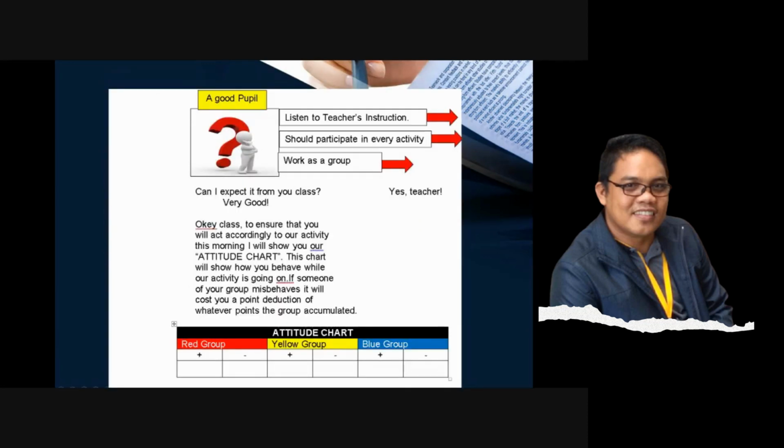So, this attitude chart is very helpful in your teaching and learning process because this time, the pupils were very attentive because they have this plus minus sign. So, their behavior is controlled by this sign. So, para magiging systematic and manageable yung klase. So, ang ginawa niya ay meron siyang attitude chart for red group, yellow group, and blue group.